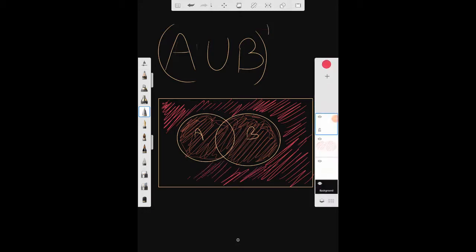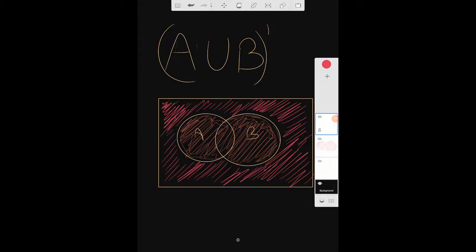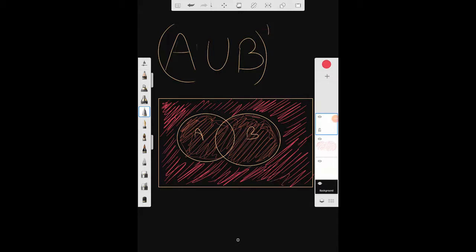This is my A union B, the whole complement. So this thing is not there. See, when you shade, you do not shade A union B. When I ask you to draw a Venn diagram for A union B whole complement, it will be like this. Whatever is not A union B is shaded.